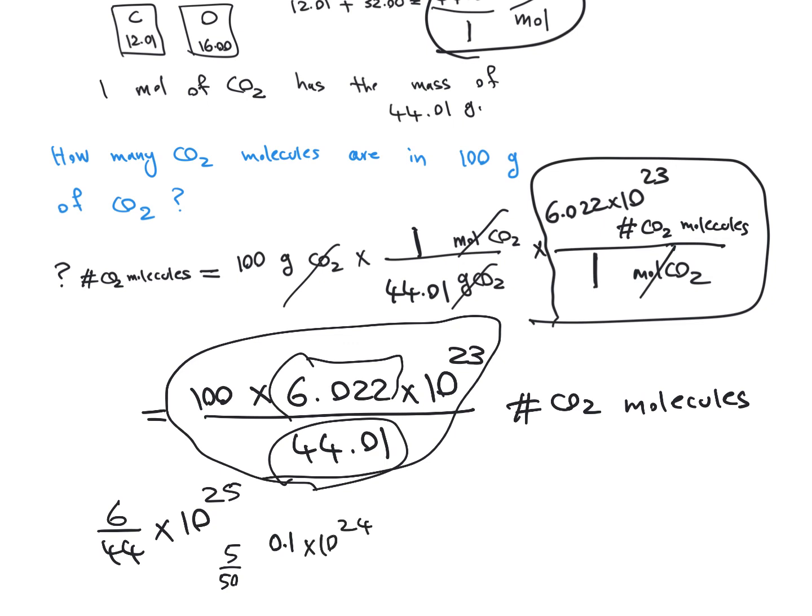So your answer should be in the range of 10 to the power of 23. I do these things to have the range, but you put the number in the calculator and get the exact number. Did anyone do that already? Okay, so you just put the number in the calculator and see what you get.